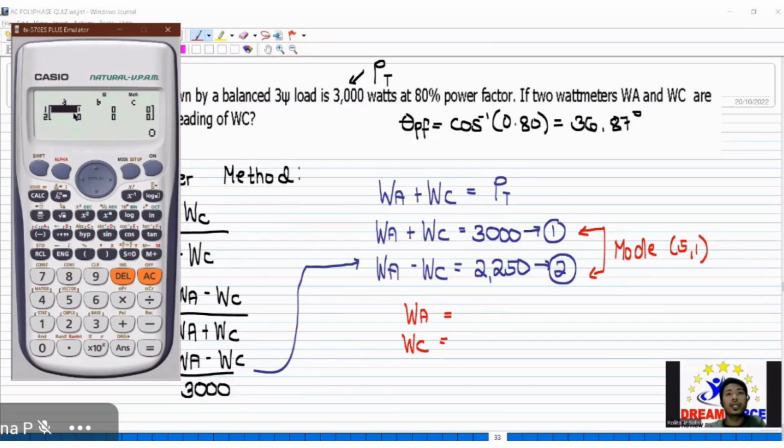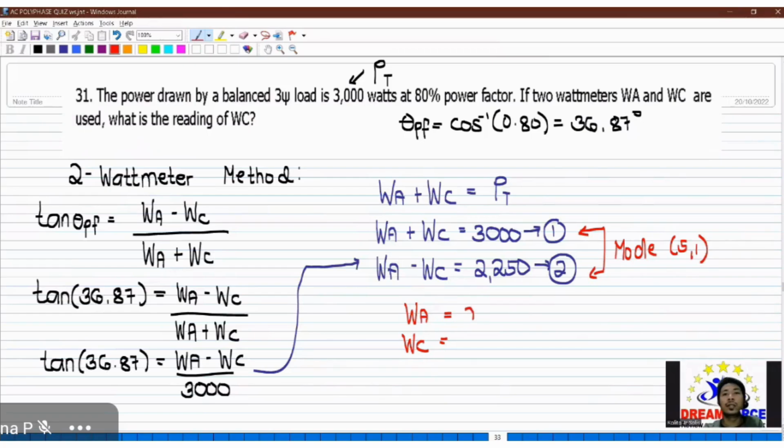Wattmeter A magnitude 1, wattmeter C 1, constant 3K. Next, equation 2: wattmeter A 1, wattmeter C negative 1, constant 2,250. Therefore, ang sagot ay 2625 watts and 375 watts.